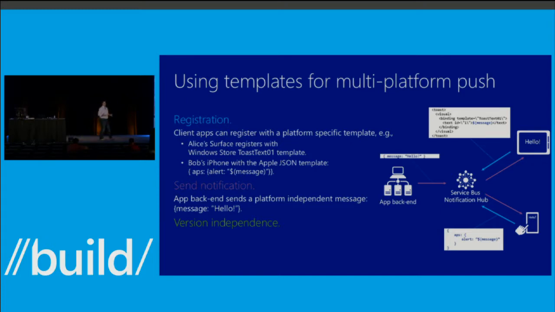When you deploy your new app, your backend doesn't have to remember that certain clients have a V1 version of your app, and other clients have the V2. You just send the same message, and the V1 clients will use a certain set of attributes, and the other ones will use a different one.